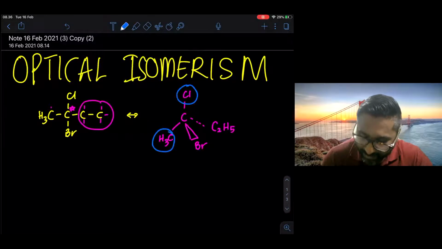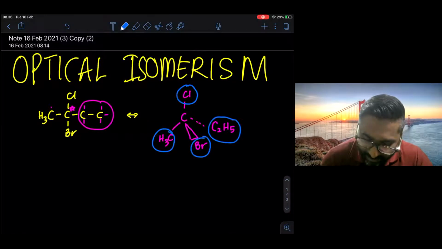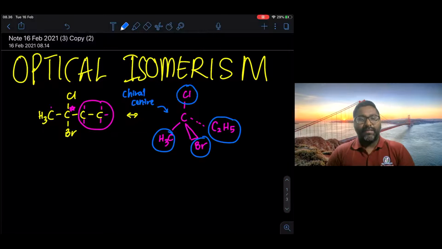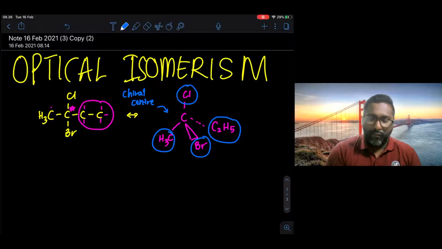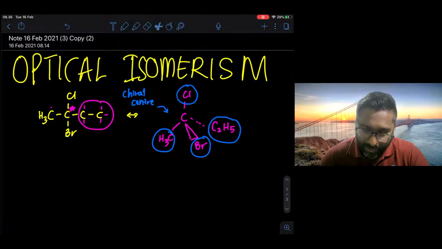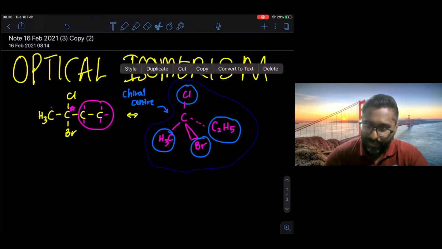Therefore, that carbon is known as a chiral center, or chiral carbon. This chiral center tells us that this particular molecule will exhibit what we call optical isomerism.